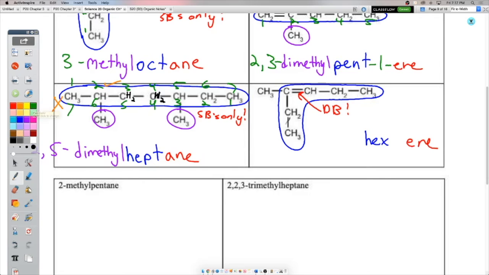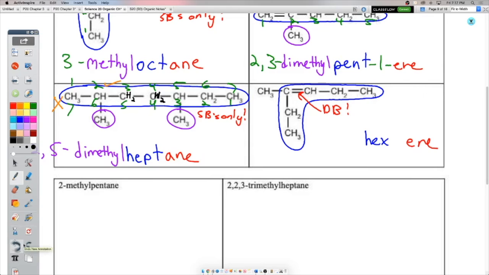We could say it's on carbon number 1, 2, 3, or we could say it's on carbon number 1, 2, 3. Those don't matter, but there is kind of a tiebreaker here. If I go this way, 1, 2, 3, 4, and this is a bit of planning ahead, my double bond will be on 3, the same as if I go this way. But then this branch that we're eventually going to have to number would be on the 4th carbon. What if I go the other way?